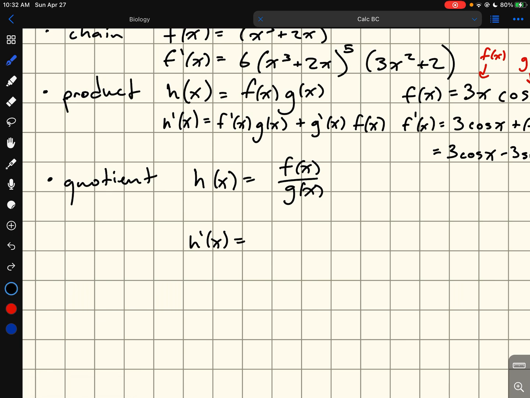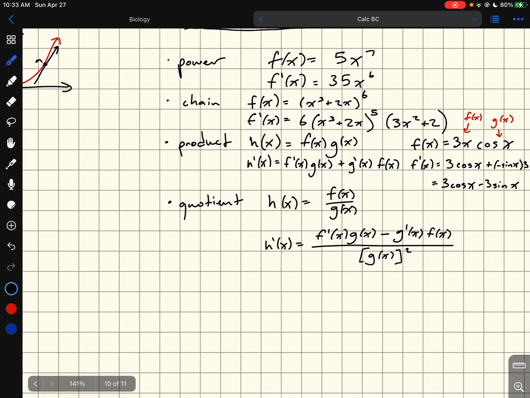And then you're going to put it over the bottom function squared. So it's going to look like derivative of the first one, leave the second one alone, minus derivative of the second one, leave the first one alone, and everything over the denominator squared.